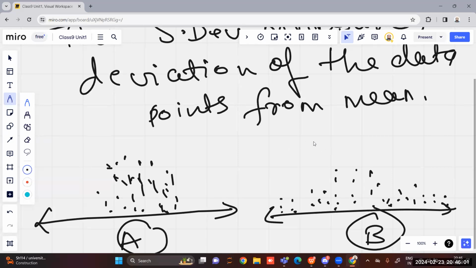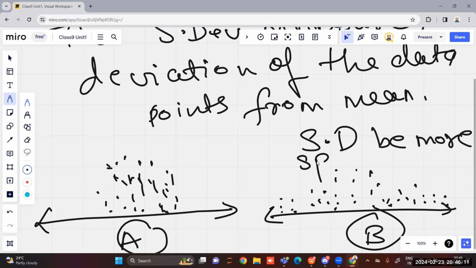Graph B. Correct, the variability will be more. Standard deviation will be more because the data points are more variable, more spread out. Correct. This was standard deviation.